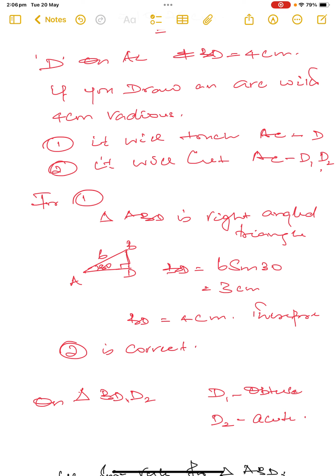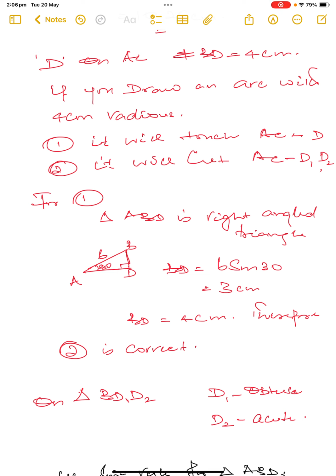If it touches, ABD will actually make a right angle triangle. I put a little triangle sketch. And from that, we can find BD. BD over AB equals sine 30. From this, BD equals 6 sine 30.